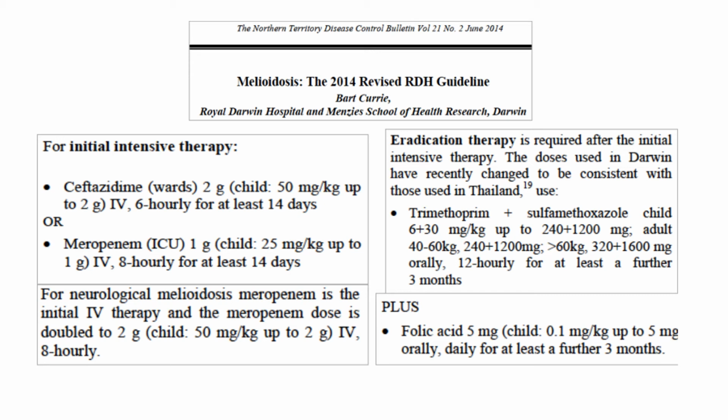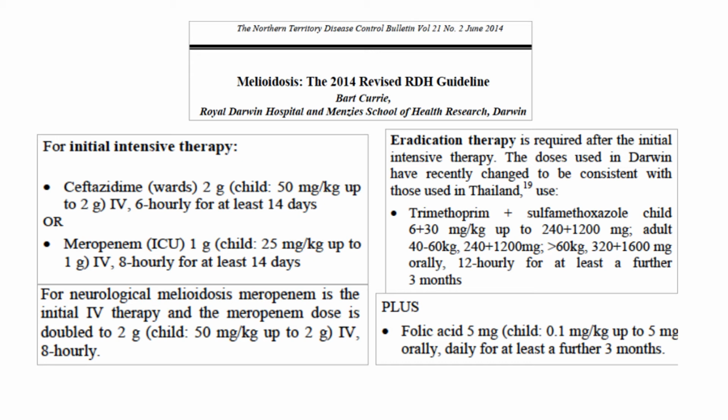For the initial intensive therapy, the choice of antibiotic is ceftazidime. However, if your patient is very ill, in septic shock, and requiring ICU stay, they give you the option of using meropenem, a carbapenem, upfront. The doses are as mentioned.